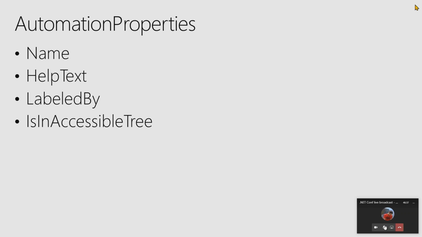And one of the most important ones is the IsInAccessibleTree. What this flag does, as it's a boolean, is tell the assistive technology whether it should take care of this control or not.